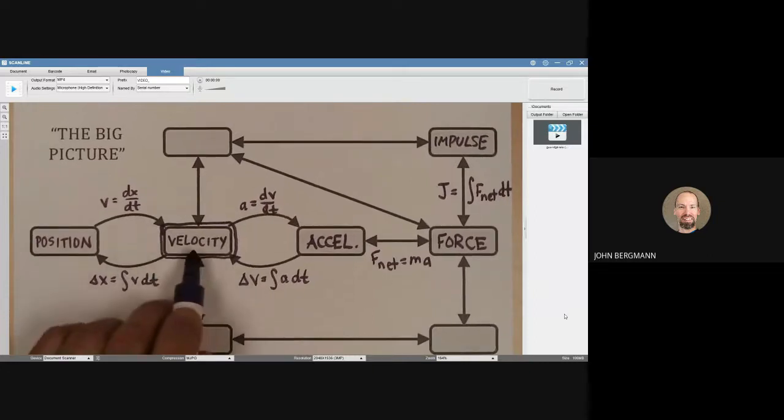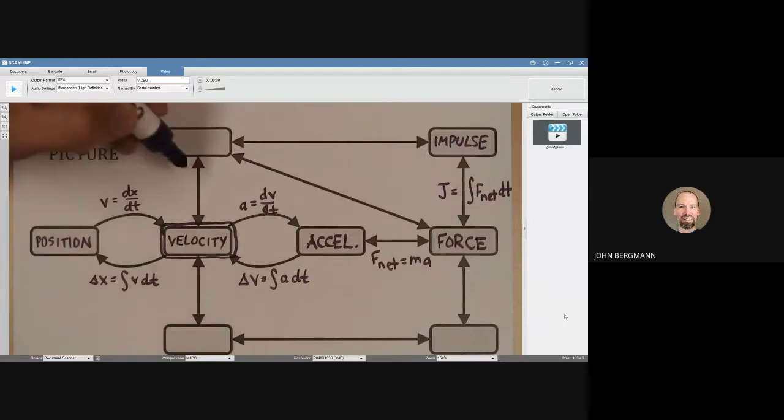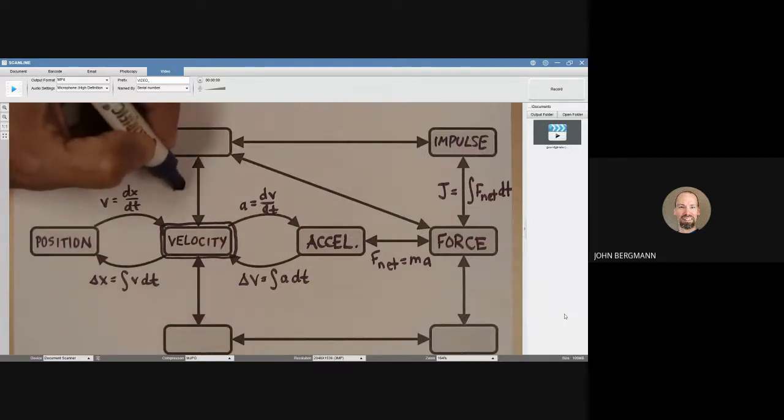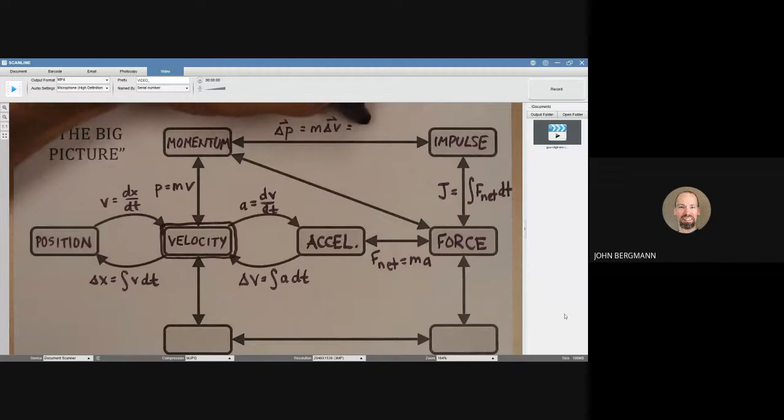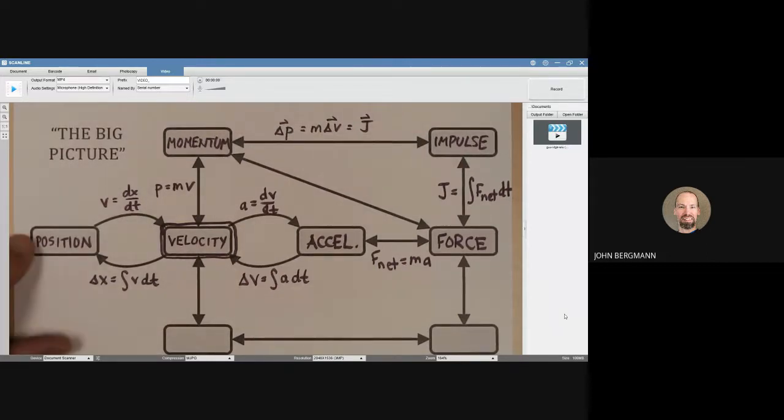One thing you should have learned in first year physics with regard to velocity is if you know the mass of the object and you know its velocity, you can calculate momentum. And it turns out, you might have learned this in your first year class, that the change in momentum is equal to the impulse by what's called the impulse momentum theorem.